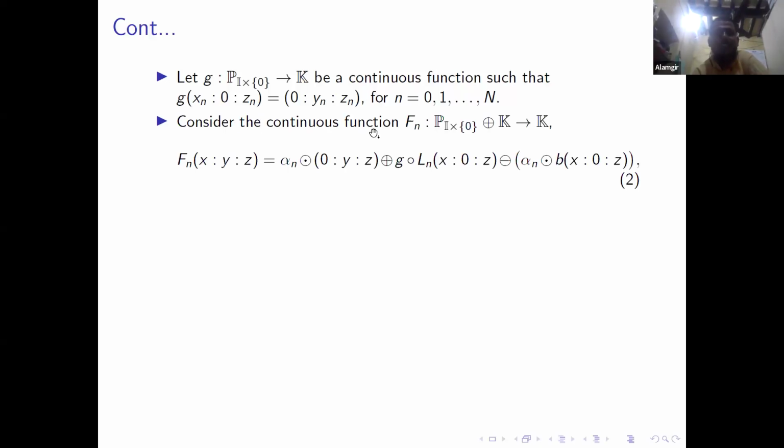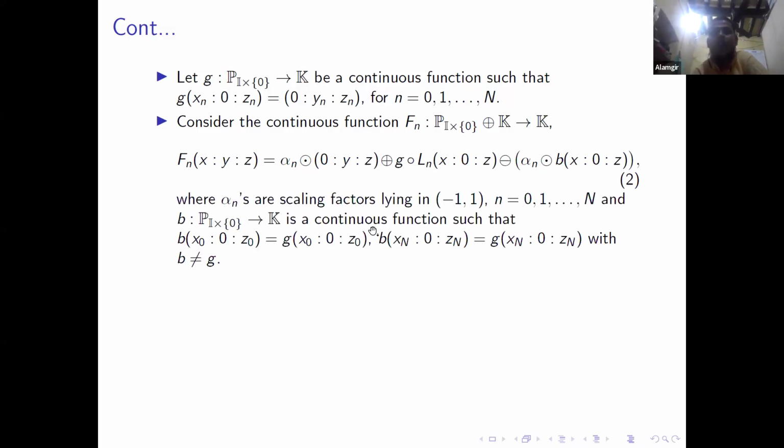Consider the continuous function Fn from the product of the projective interval and the space K to K, like this, where alpha n and the dot product, which we have already seen, is defined by some rules, and b is a continuous function that satisfies these two relations, with b not equal to g.